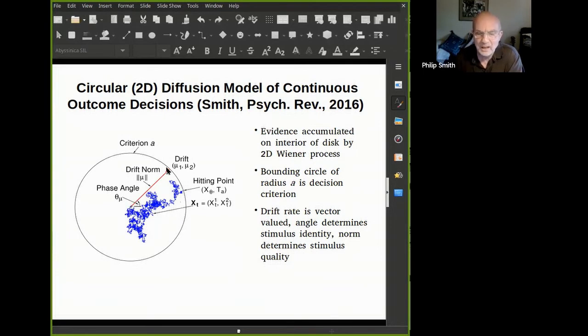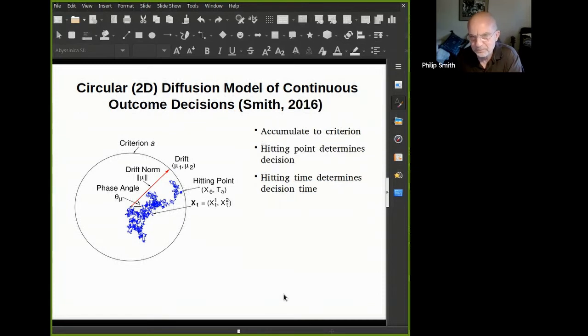So it has a length or a norm and a direction or a polar angle. The norm represents the quality of the encoded evidence, and the direction represents the identity of the encoded evidence. So the direction determines the rate at which evidence accumulates towards the boundary. The norm determines how rapidly that will happen.